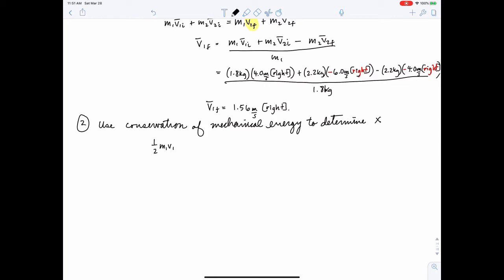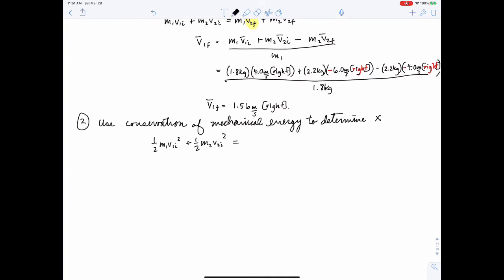So the conservation of mechanical energy says the initial kinetic energy of the first object plus the initial kinetic energy of the second object is equal to the final kinetic energy of the first object plus the final kinetic energy of the second object plus the elastic potential energy of the spring during this collision.